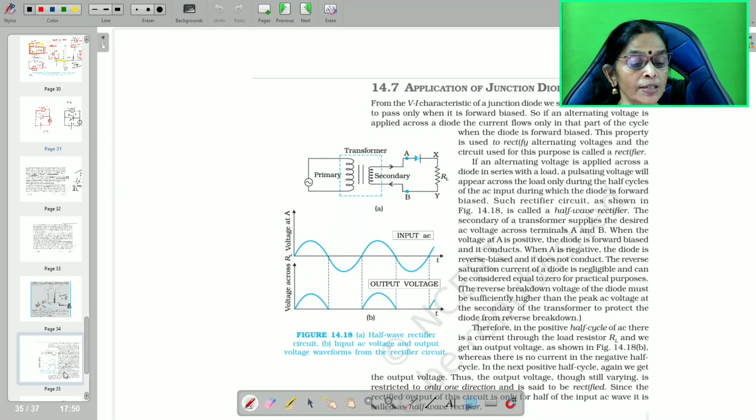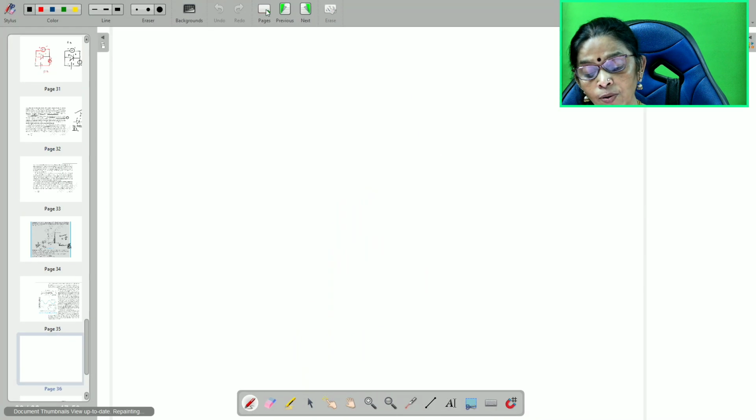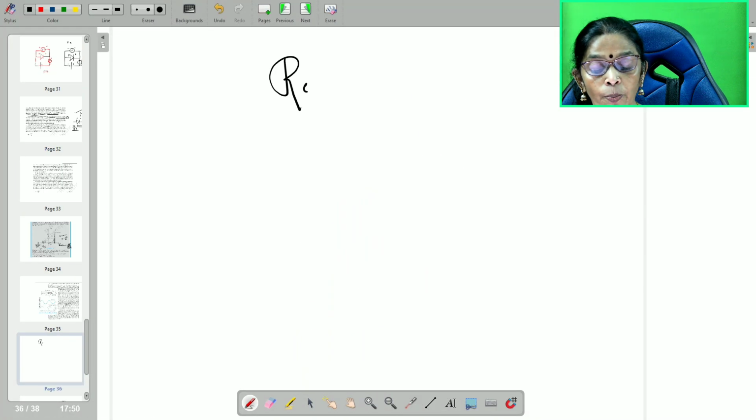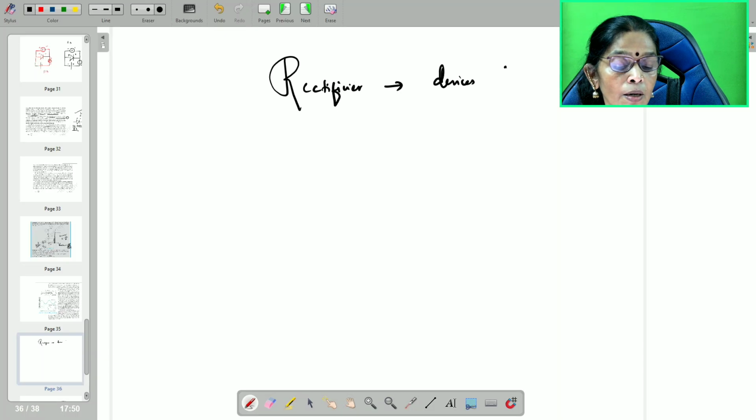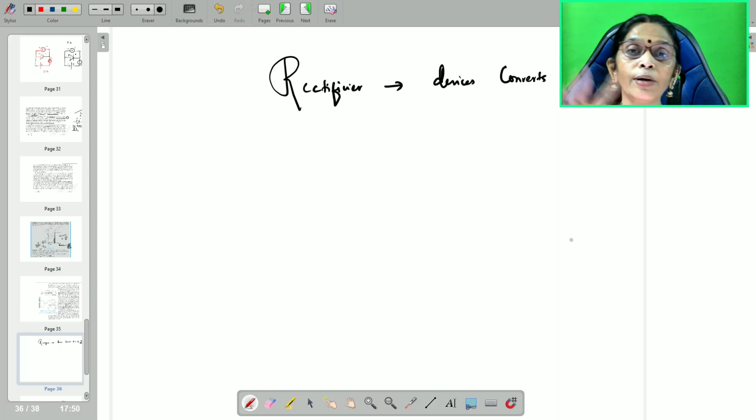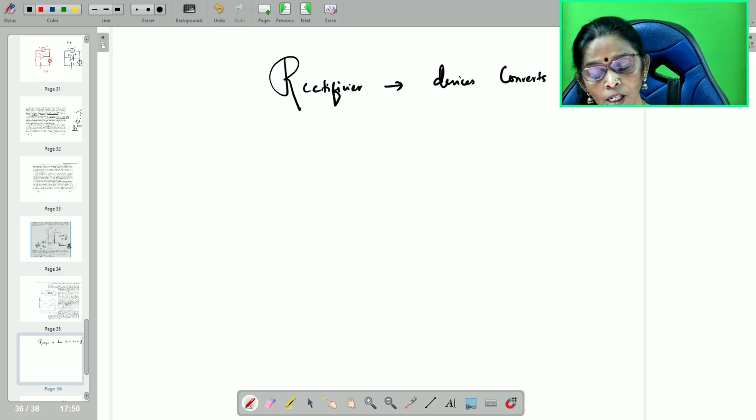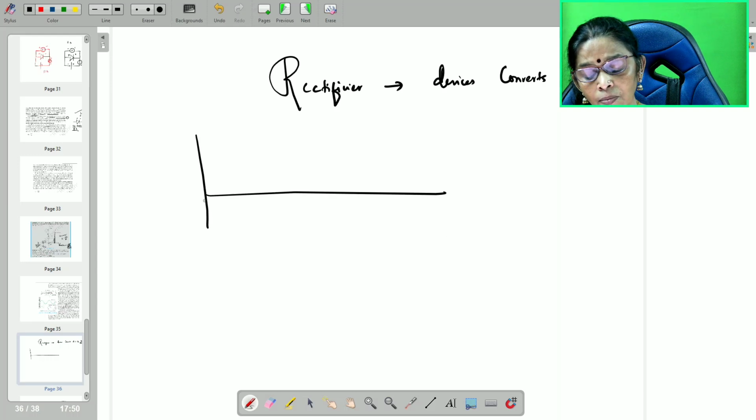Now, application of PN junction diode as a rectifier. Rectifier is a device which converts AC to DC, alternating current to direct current. What is alternating current?